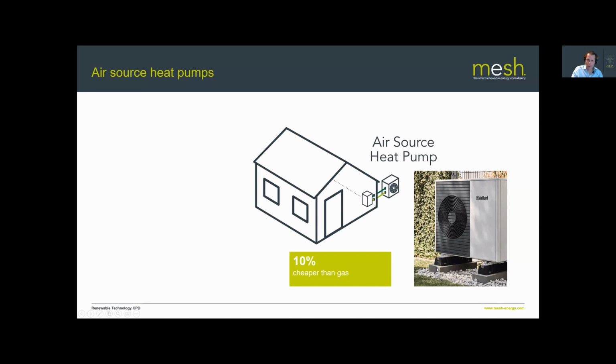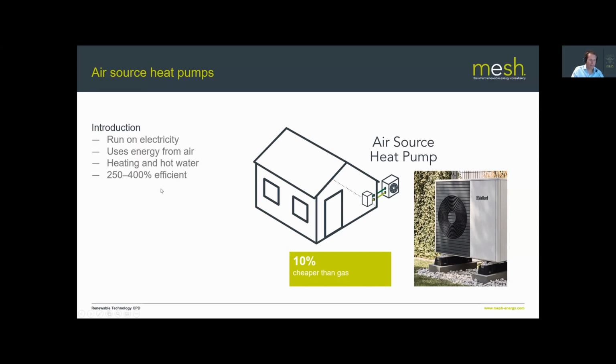Going back to the energy hierarchy, you'd be much better off spending that money on improving the insulation of your house. We get several inquiries every week from people saying, I want to rip out my gas boiler and put in an air source heat pump. Can you tell us how to do it? And can you do a study on it? Our usual response to that is, don't do it. It's probably not worth it. Spend the money on insulation.